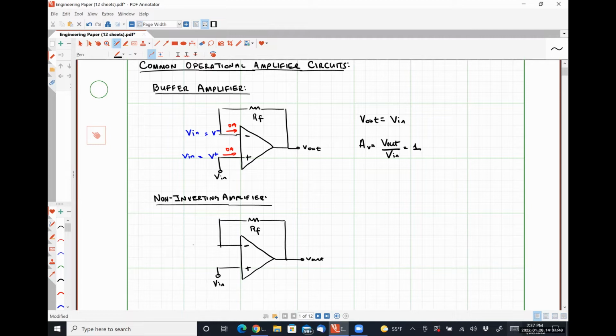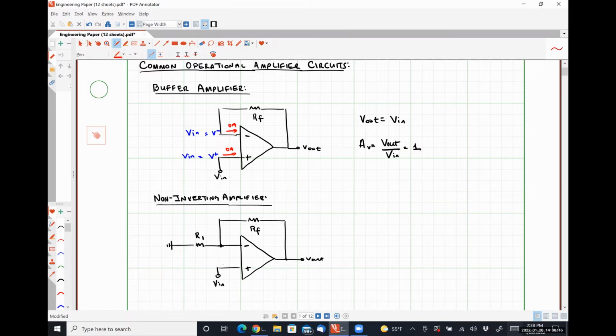But the difference here is that we're also going to place a resistor, which I'm just going to call R1, between the inverting input terminal and ground. Okay, so it's similar, but there is a very distinct dissimilarity here that we need to take into account.